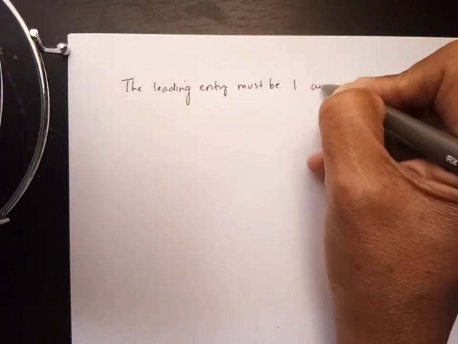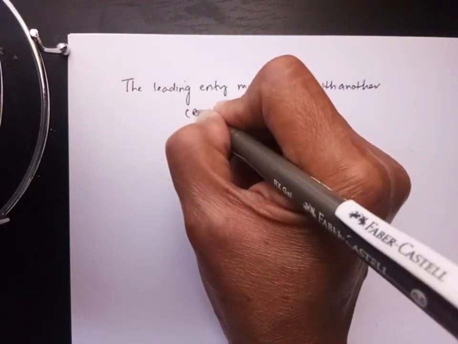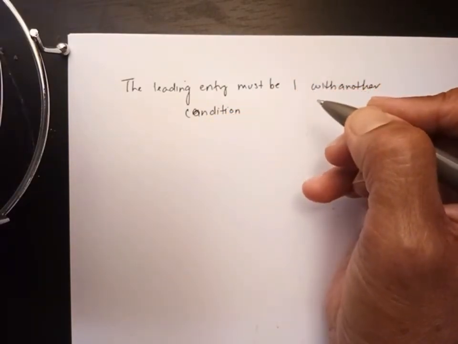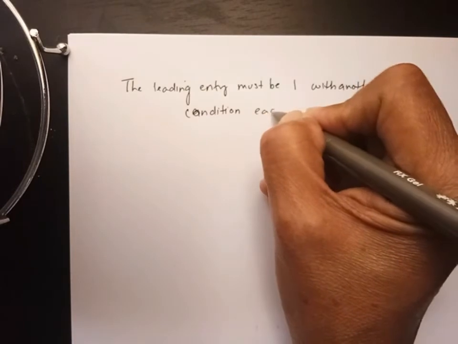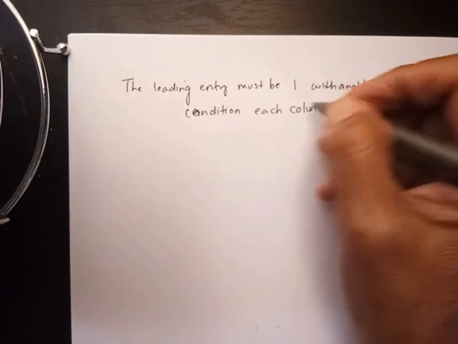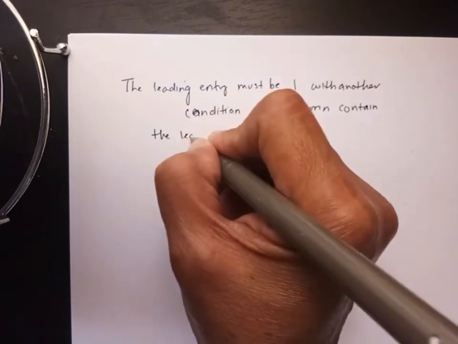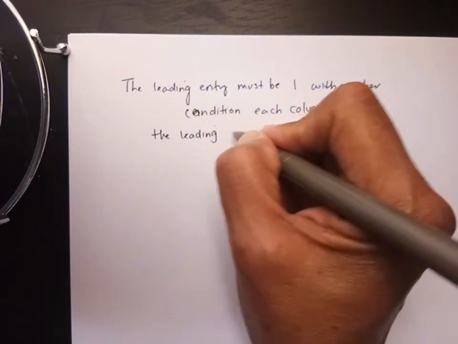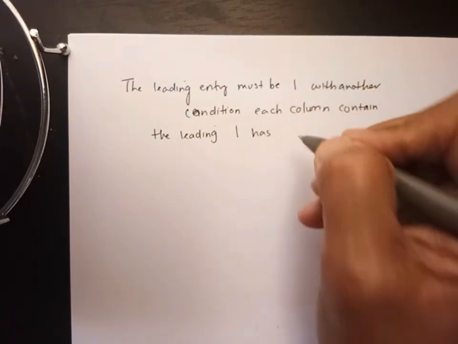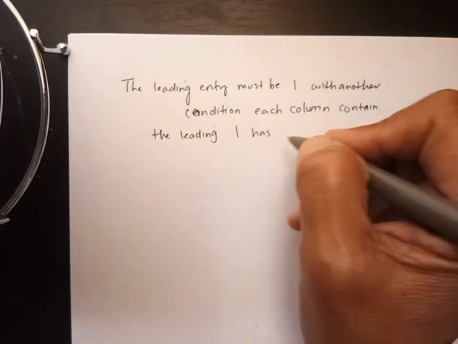With another condition, each column that contains the leading entry has 0 everywhere else. Any column that has a leading entry 1, the other entries are 0.